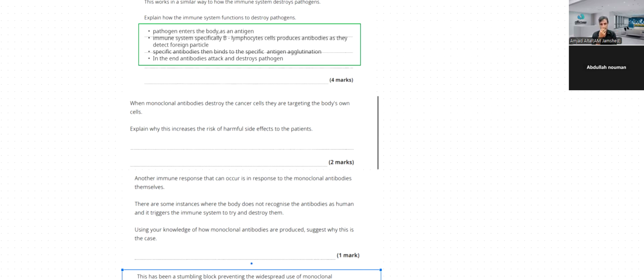The next question is: when monoclonal antibodies destroy the cancer cells, they are targeting the body's own cells. Explain why this increases the risk of harmful side effects to the patients.